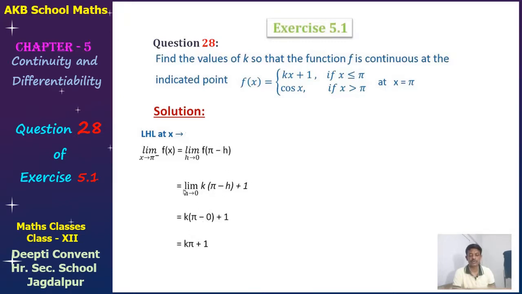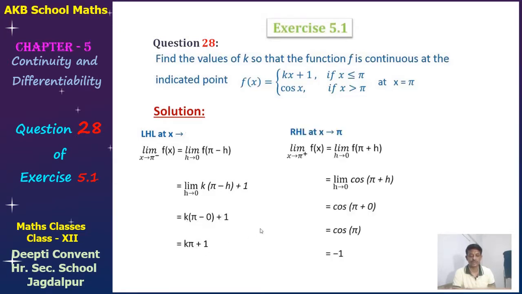Put h equals to 0, then k pi plus 1, this is the left hand limit. Now the right hand limit at x tending to pi, at pi plus h. Here the right hand side gives the value of the function as cos x. So limit h tending to 0 of cos of pi plus h, which is cos pi, equals minus 1.